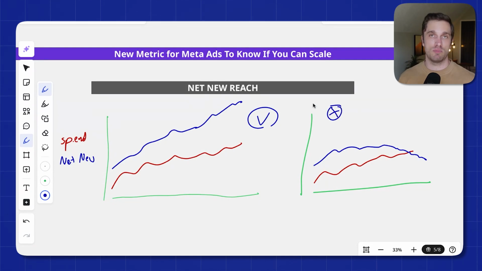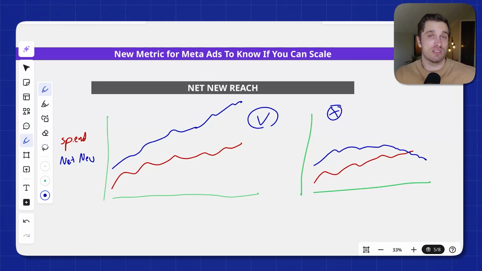It's just hammering the same people over and over again, which means new customer revenue is going to go down, which means the more you spend, the less top line follows, the less profitability you have, or CAC just becomes unsustainable.